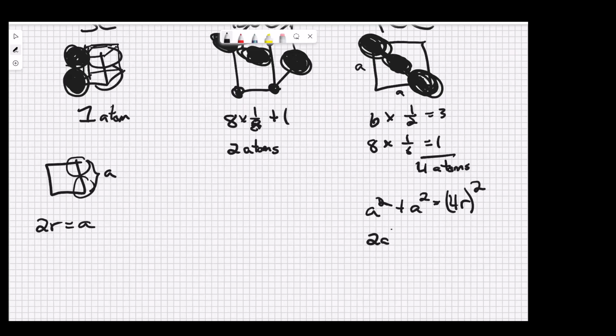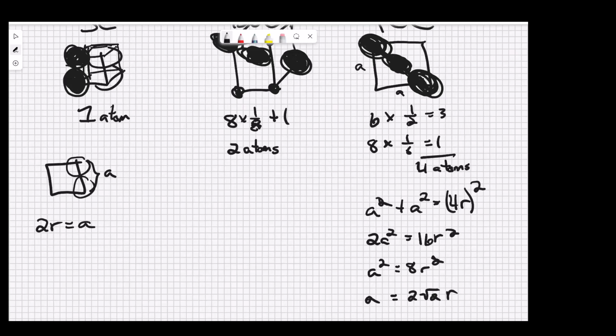This becomes 2a squared is equal to 16 r squared, or a squared is equal to 8 r squared. Or a is going to be equal to the square root of 8, which is the square root of 4 times 2, so that's 2 root 2 r.